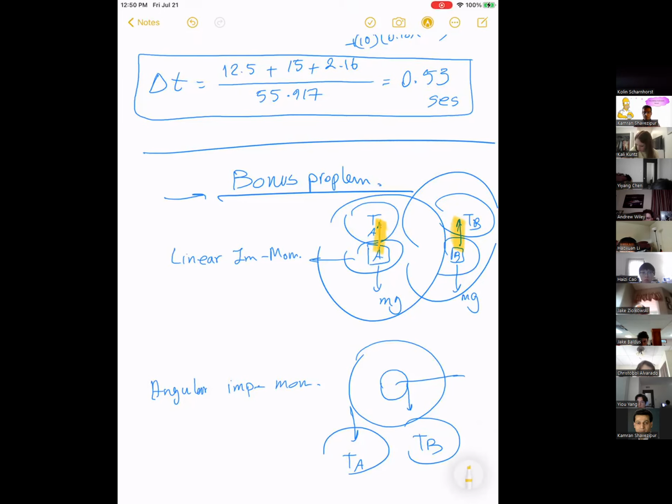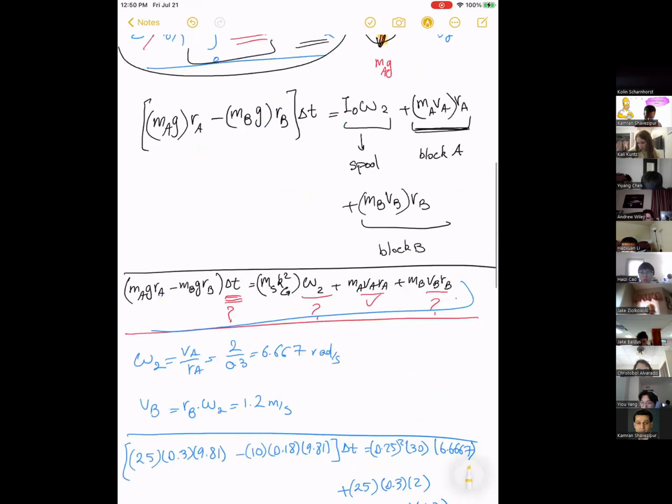I expect to get the same number, obviously, right? And then you find out if you replace TA and TB for this guy, you should end up with the same equation. So I recommend you to do it parametrically and substitute to see if you end up with this equation. So it kind of gives you a better understanding of how these things work with the positives, negatives, and everything.